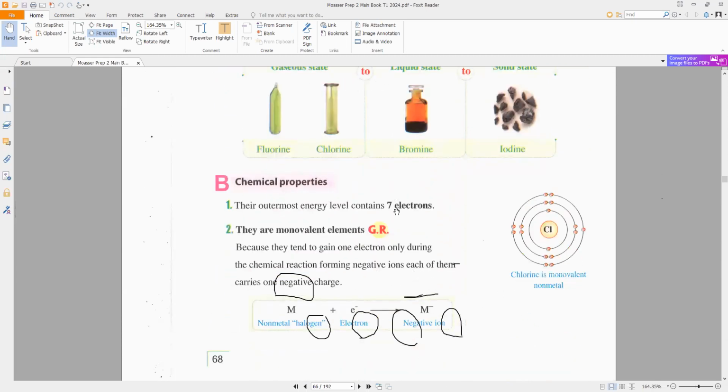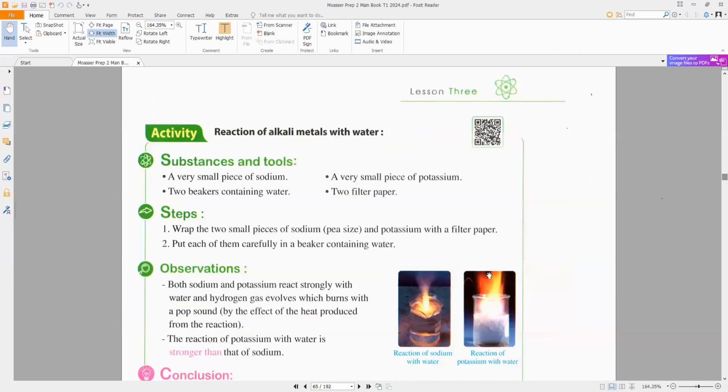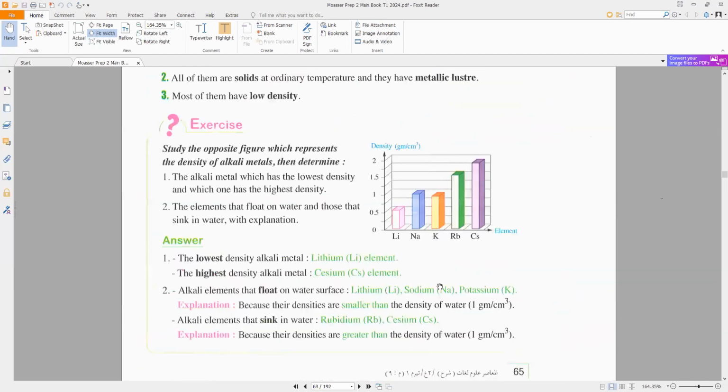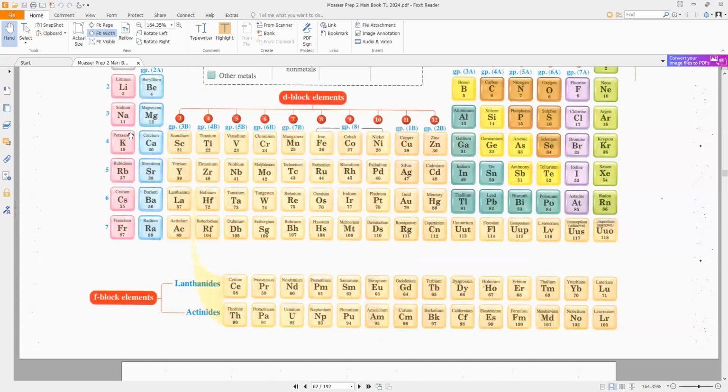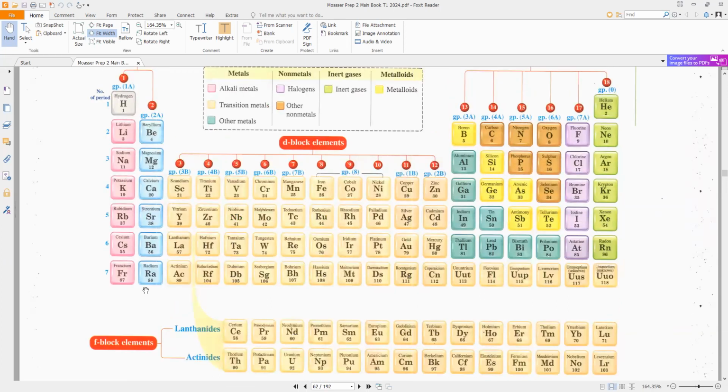So this is all for today's lesson. We studied two of the main groups, 1A group called alkali metals, and we studied what elements are found in 1A group, their names, physical and chemical properties, why it's called alkali metal, how it reacts with water, and its chemical activity.